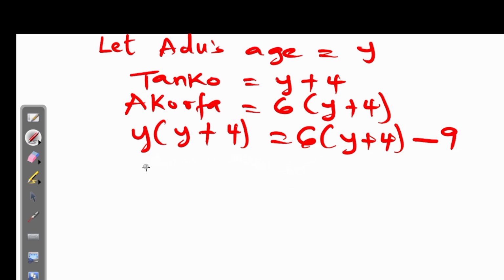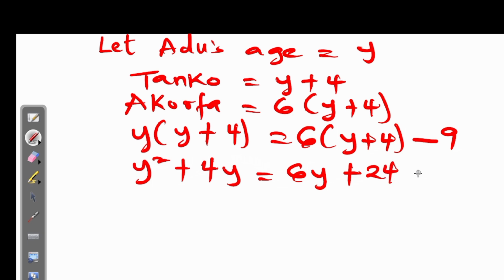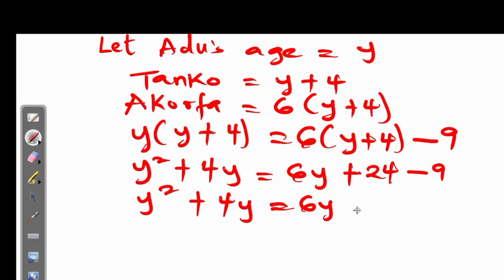Let's open the bracket. y squared plus 4y is equal to 6y plus 24 minus 9. So y squared plus 4y is equal to 6y plus 15.